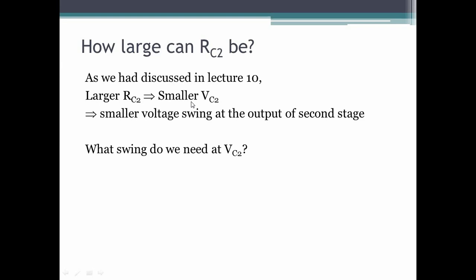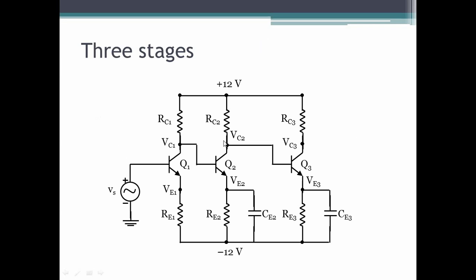So let's look at the circuit again. Here, if RC2 is larger, and the current is 1 milliampere, the larger the RC2, the lower is this DC voltage VC2. VE2 is fixed to be 0 volts. So the lower VC2 becomes, the smaller will be the voltage swing at this node for AC signals.